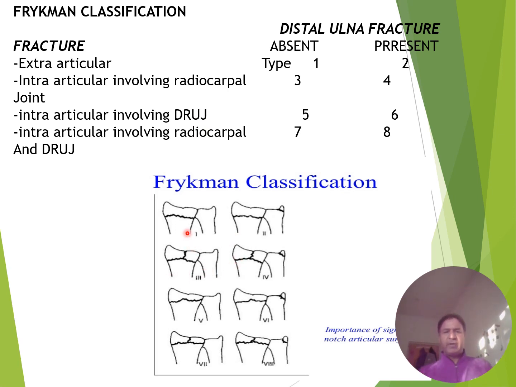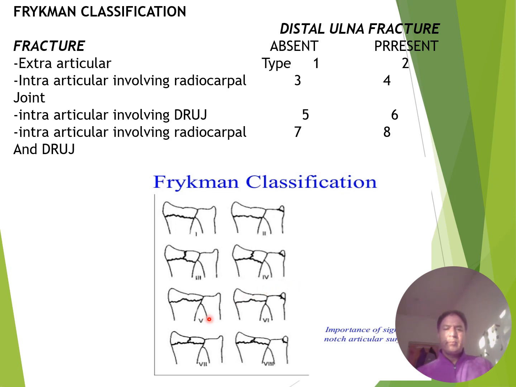Intra-articular, you can see type 1, so it is absent. Now if it is present, it is 2. See, this is 3, this is 4. Intra-articular involving the radiocarpal joint. So this involves the radiocarpal joint. If it is absent, it is 3. If it is present, it is 4.